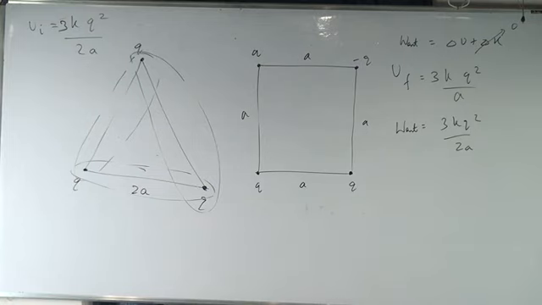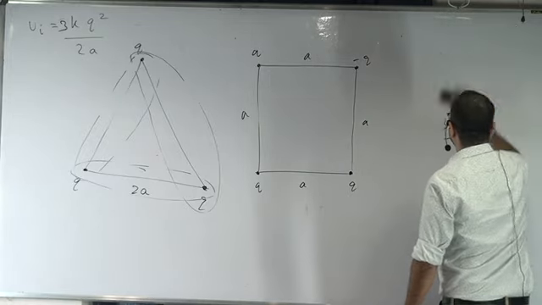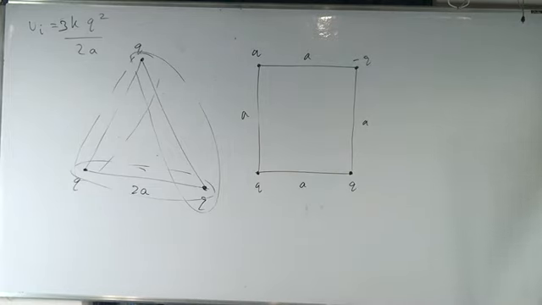Find the potential energy of the system. First of all, how many combinations can you see? 6 combinations. 4C2. 4 charged particles taken 2 at a time.